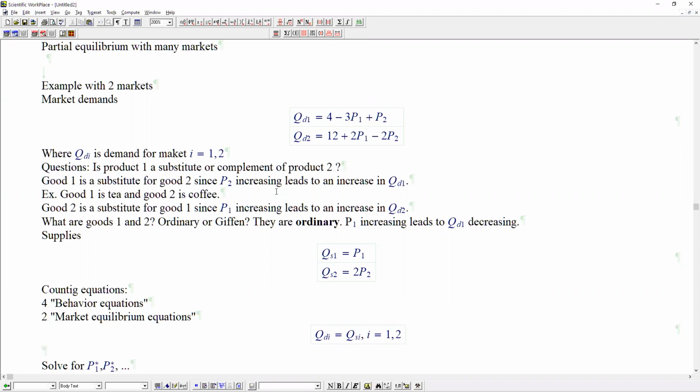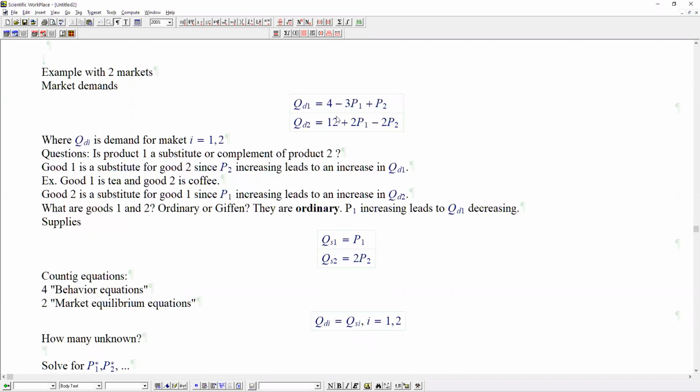And how many unknowns do I have? I've got 2 prices and 4 quantities. So I've got 6 equations and 6 unknowns. So I should be good.